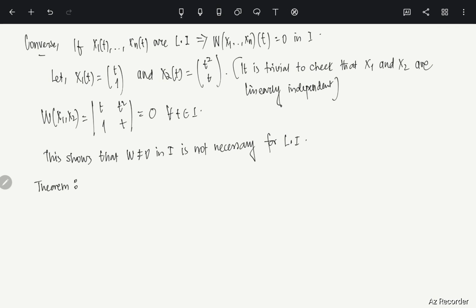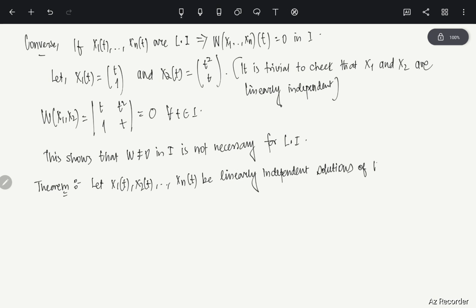This theorem says that let x1 of t, x2 of t, ..., xn of t be linearly independent solutions, not any functions anymore, linearly independent solutions of the differential system, that is of the system x prime of t equals A of t times x of t, the homogeneous system.